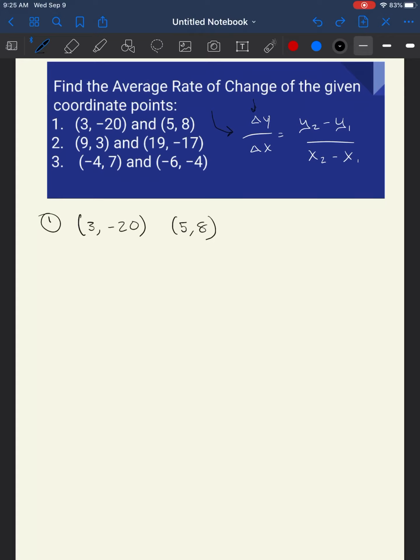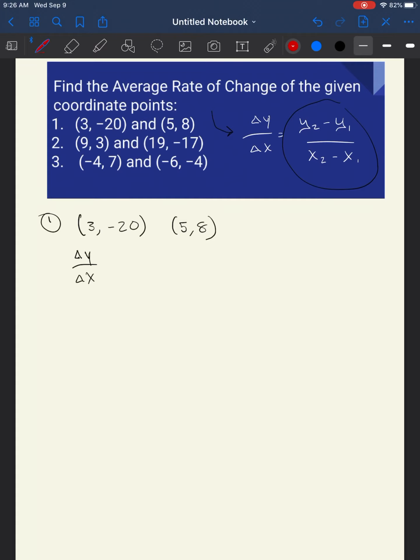So basically, what we're doing is just subtracting our y coordinates and subtracting our x coordinates, and then dividing the two. So the key to doing this is going to be to determine x1 and y1, x2 and y2.